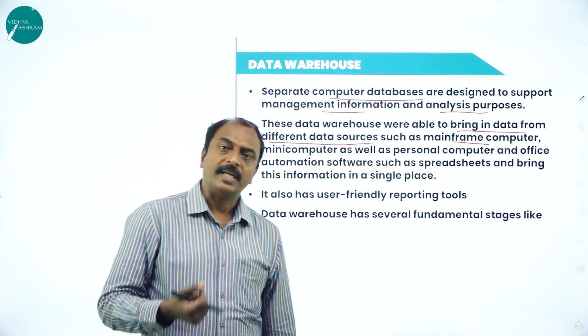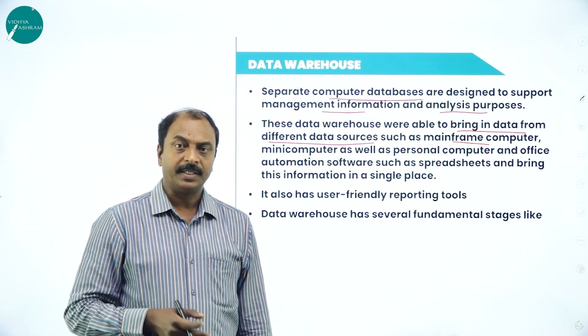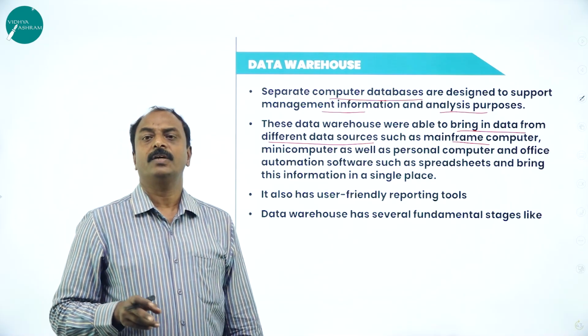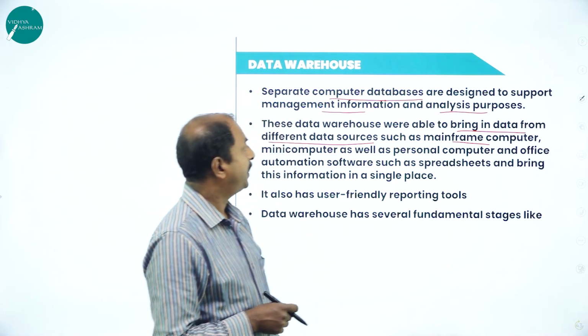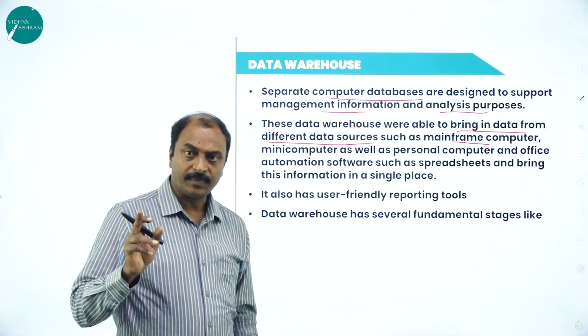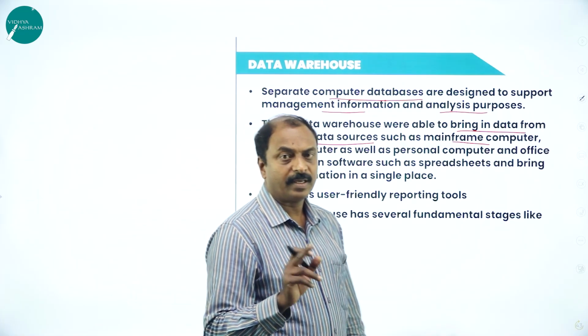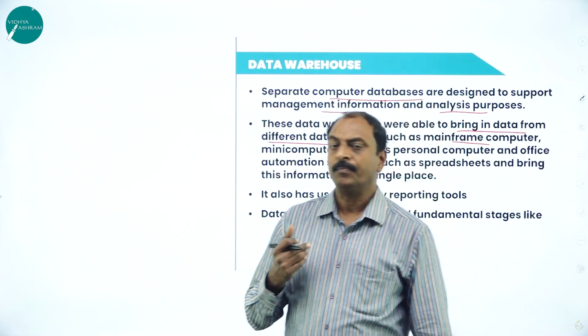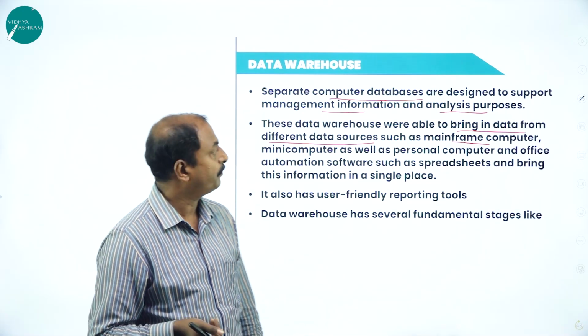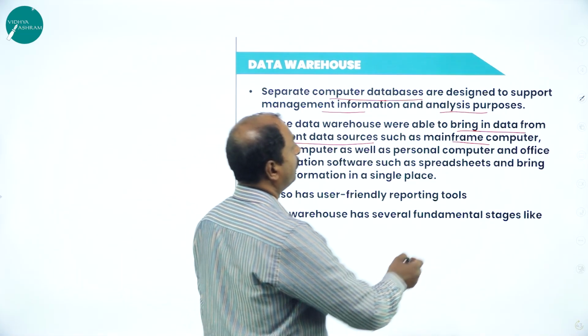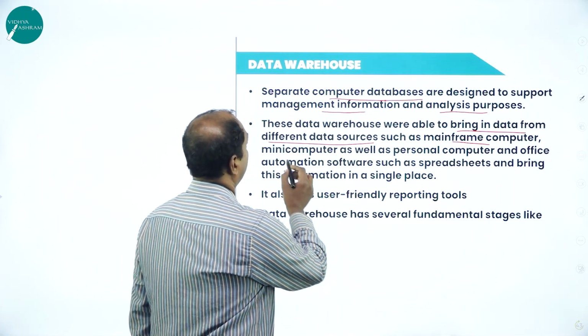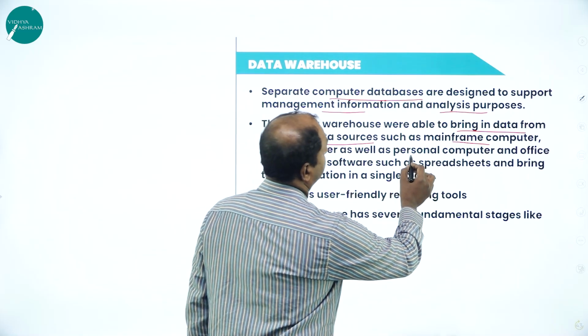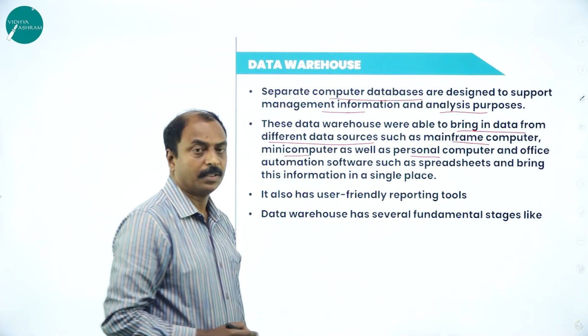But how to collect the data, what type of data, and how to gather different types of data? Here, the data for a data warehouse can be collected from different types of systems, for example, a mainframe computer or mini computer or personal computer and so on.